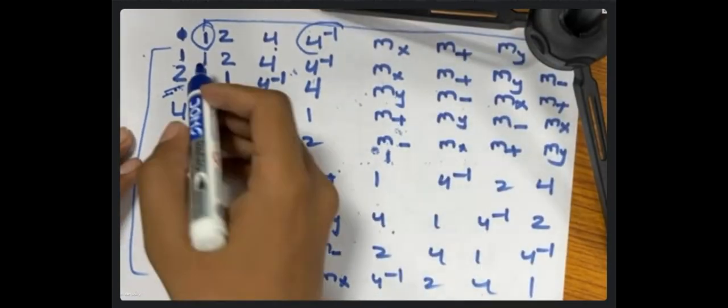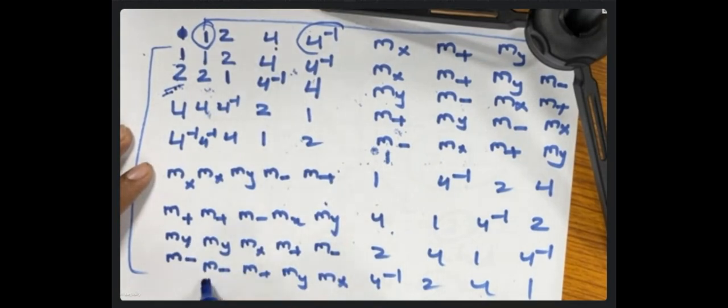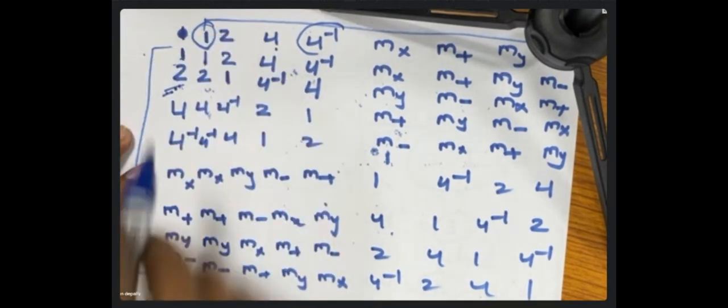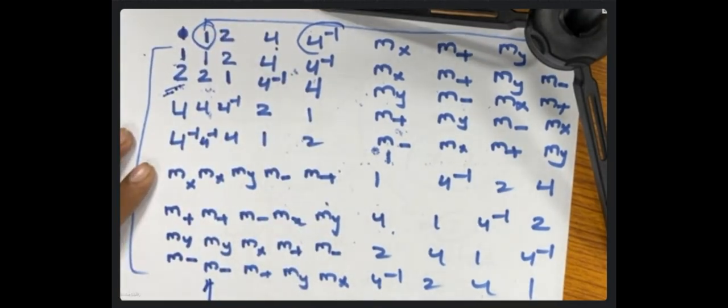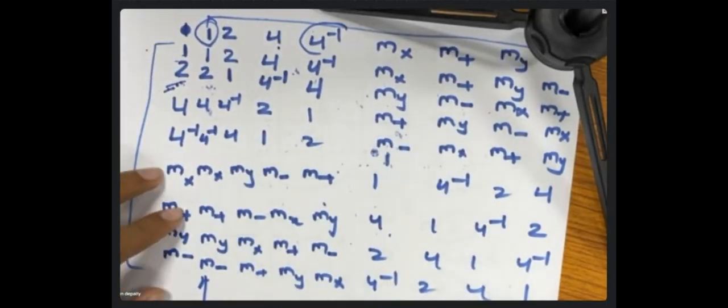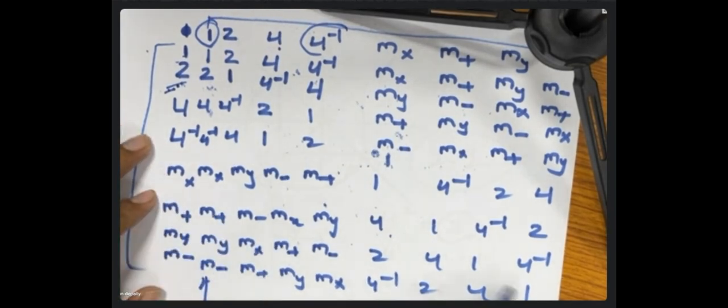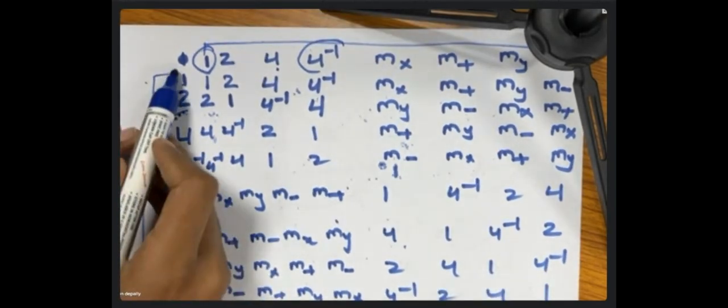So we can see this particular entire column is not changing anything. And the last one is the inverse. For everything, an inverse is available to us, and we can see it along this particular diagonal.